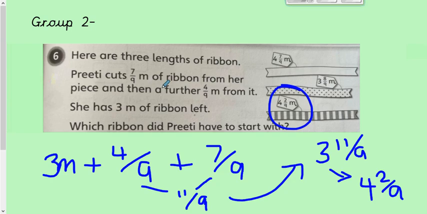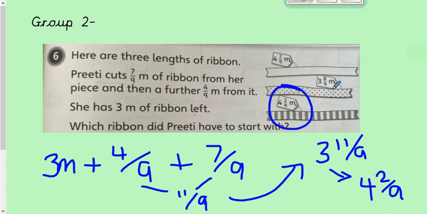So this one, she started with 4 2/9 meters of ribbon. So what I did was I added up how much she had cut off. So I added those up, which gave me 11/9, and then I took that away from 3 meters.